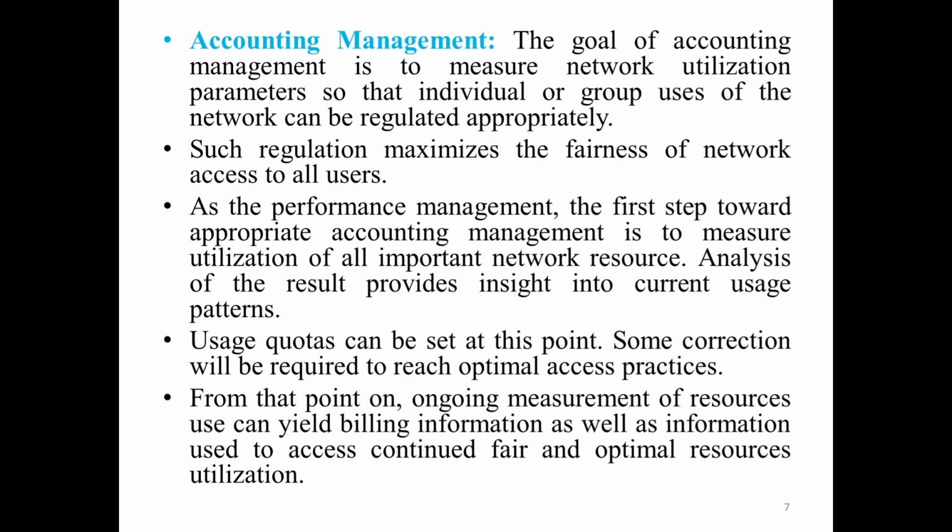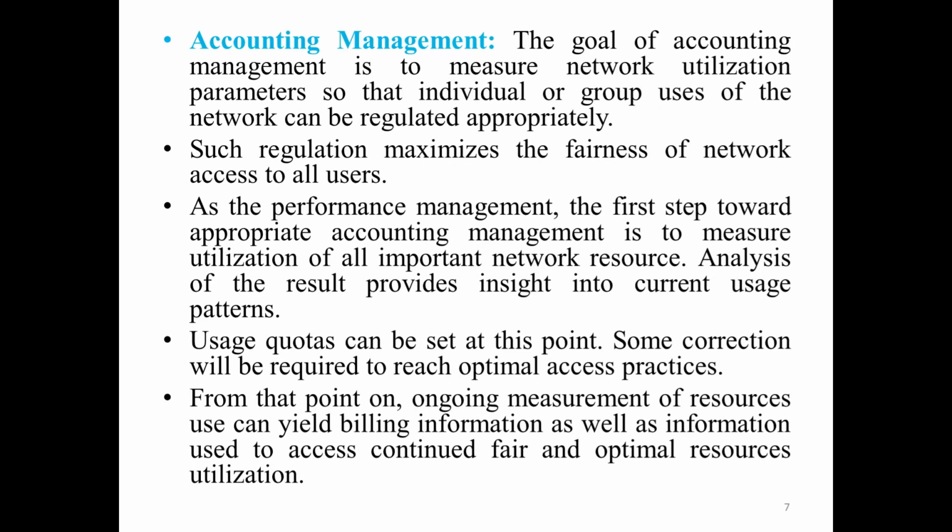Accounting management. The goal of accounting management is to measure network utilization parameters so that individual or group uses of the network can be regulated appropriately. Such regulation maximizes the fairness of network access to all users. As with performance management, the first step towards appropriate accounting management is to measure utilization of all important network resources.